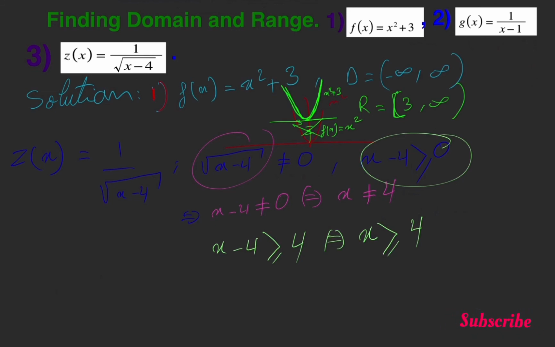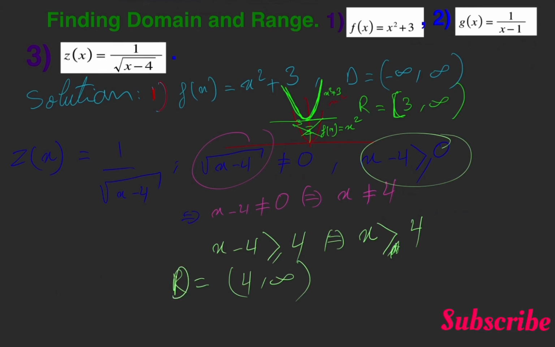So in this case we see that x has to be not equal to 4, and x has to be bigger than 4. Therefore we can just move this because it's not included here. So D is going to be from 4 to infinity. This is the domain.